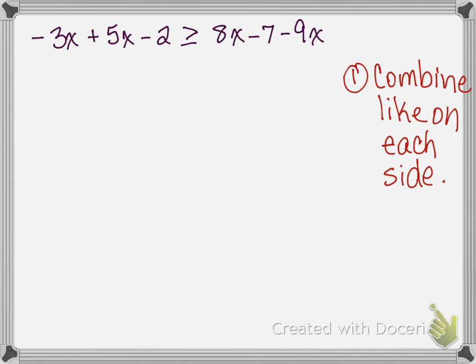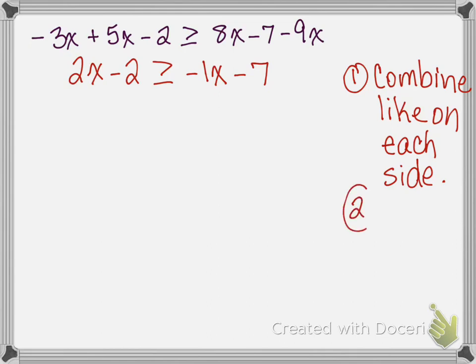That leaves me with 2x minus 2 on the left. On the right, I've got an 8x and I've got a negative 9x. That leaves me with negative 1x minus 7. Okay? So what I did is I combined like terms on each side.